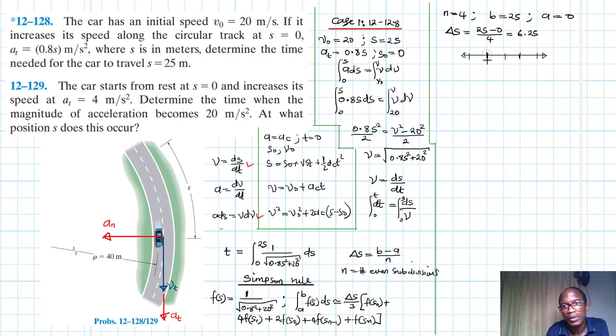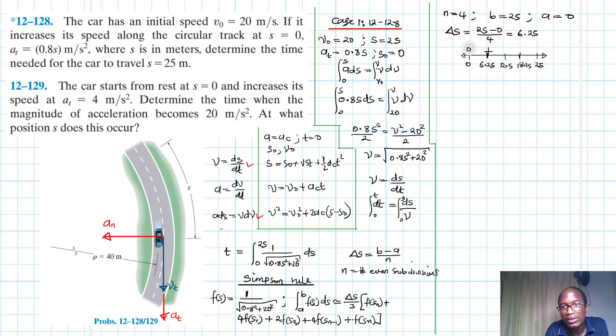So we are starting from 0, then 6.25, then this one is at 12.5, then we have 18.75, and finally 25.